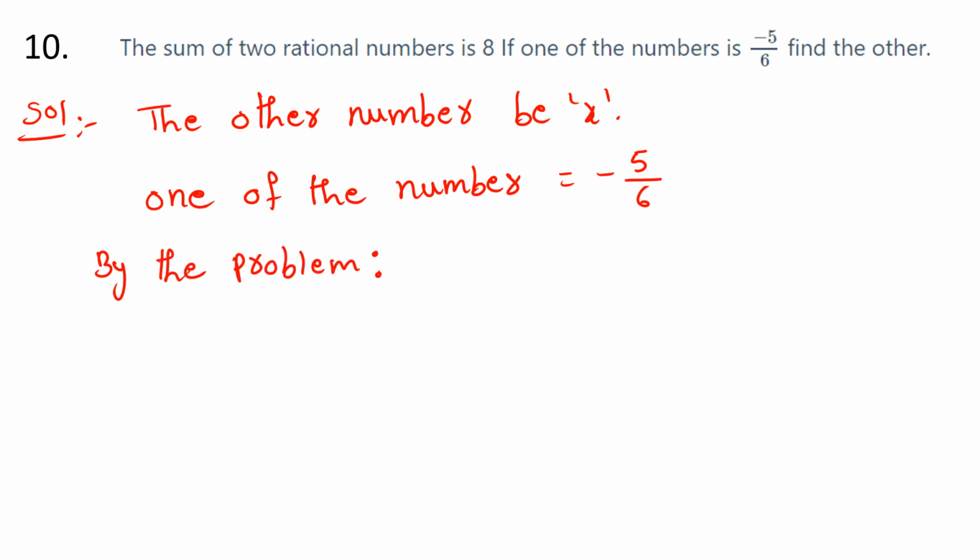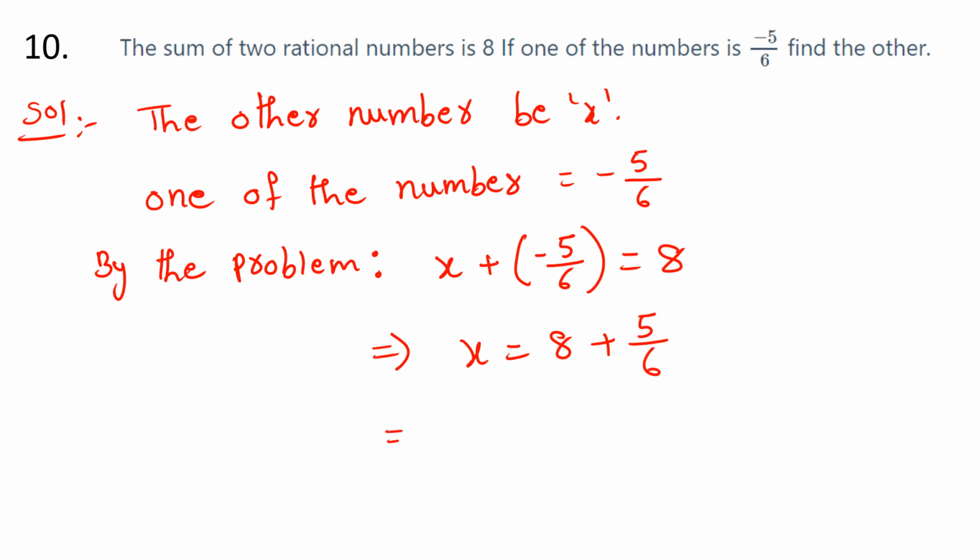So by the problem, the sum of two rational numbers is 8. One of the numbers is minus 5 by 6 and the other number we don't know, that be x, and that equals 8. Which implies we transpose this minus 5 by 6 from the LHS to the RHS. It becomes plus 5 by 6. So x equals 8 plus 5 by 6.